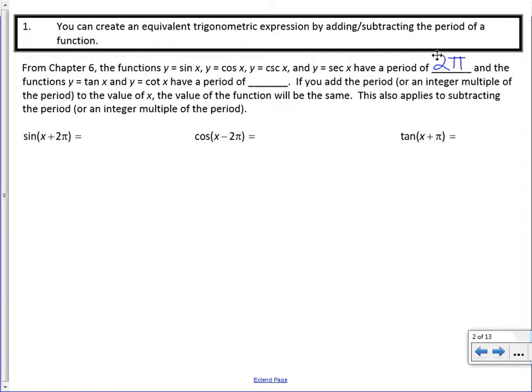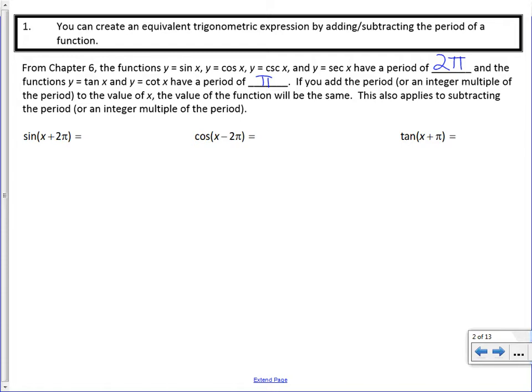Okay? And then the functions y equals tan x and y equals cotan x had a period of pi. So if you add the period or an integer multiple of the period to the value of x, the value of the function will be the same. This also applies to subtracting the period or an integer multiple of the period.